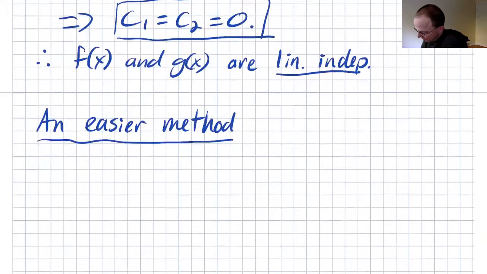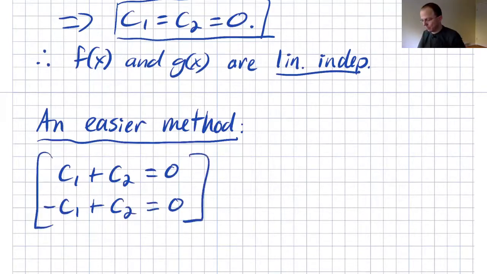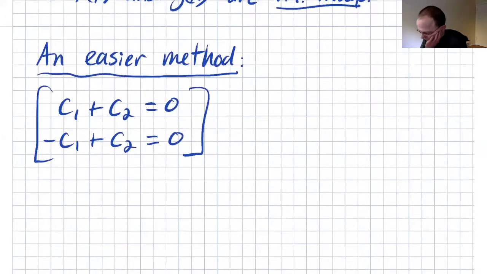So here's an easier method. So we have this C1 plus C2 equals 0 and negative C1 plus C2 equals 0. So there is our linear system. And we're interested in the coefficient matrix of this linear system. So what is that?